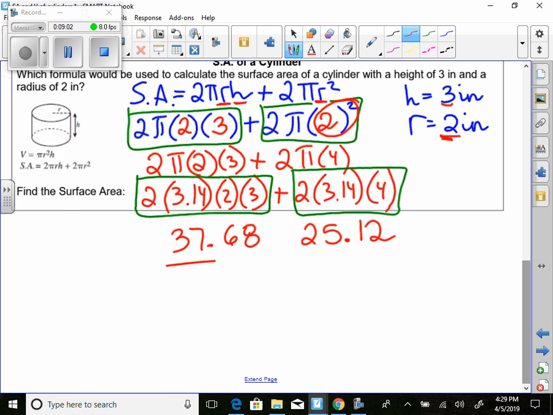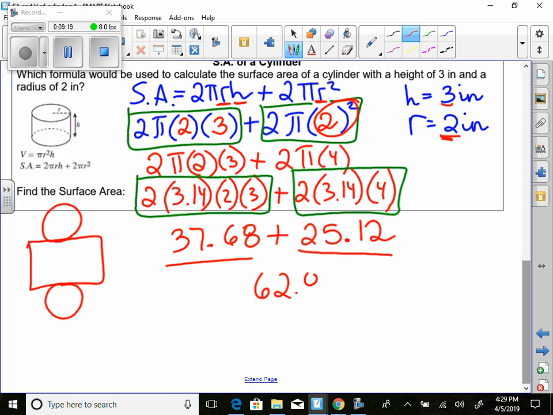So this number represents the area of the rectangular part, and this number represents the area of both circles. So if you add it together, you will have the total surface area of this cylinder. And it is square inches since it's an area.